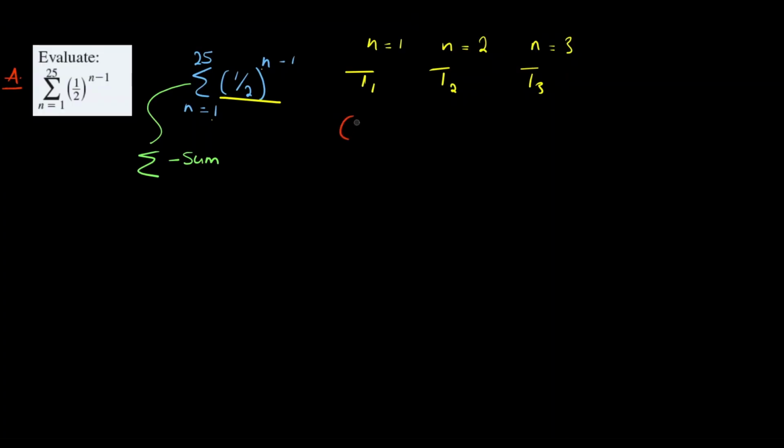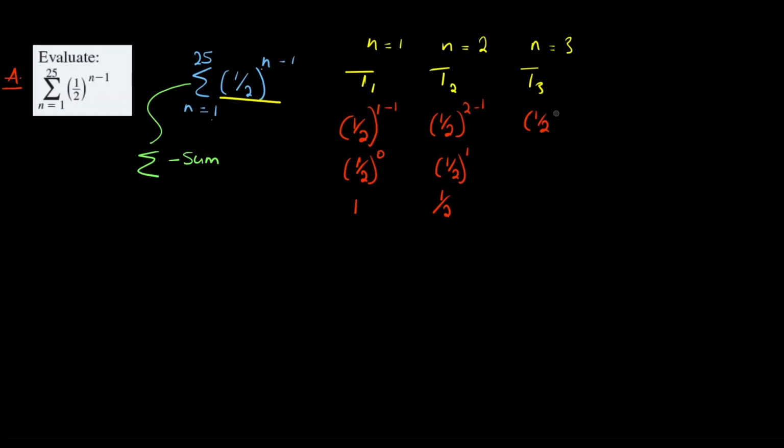So we have 1 over 2 to the power of, where there's n, we substitute 1, minus 1, which will be 1 over 2 to the power of 0, and any number to the power of 0 is 1. Then we substitute 2. 2 minus 1 is 1, so 1 over 2 to the power of 1, which is 1 over 2.